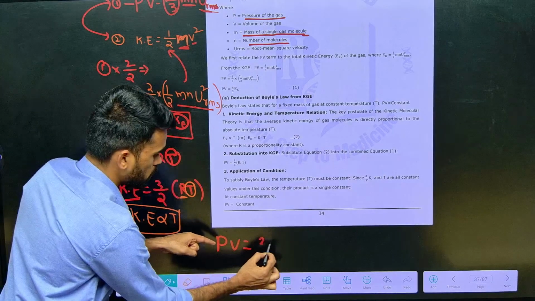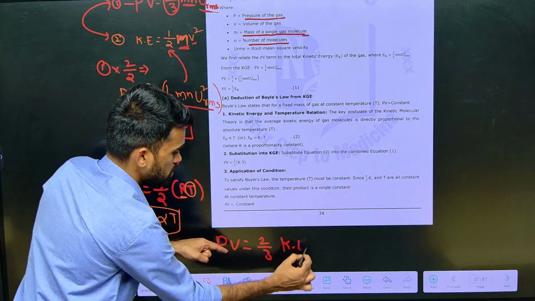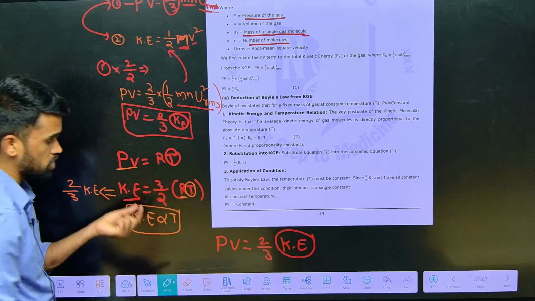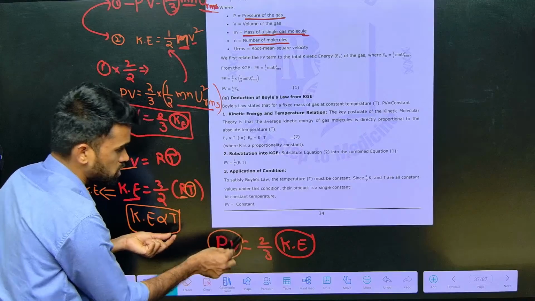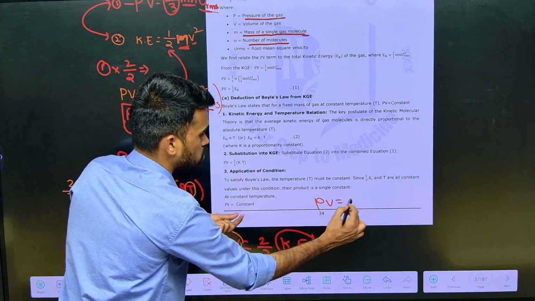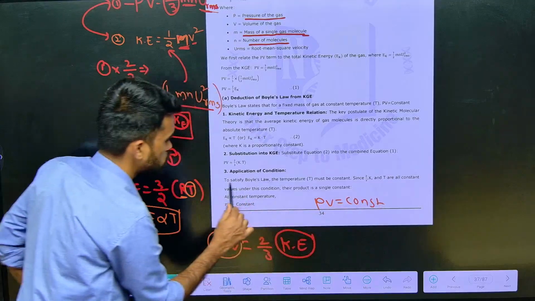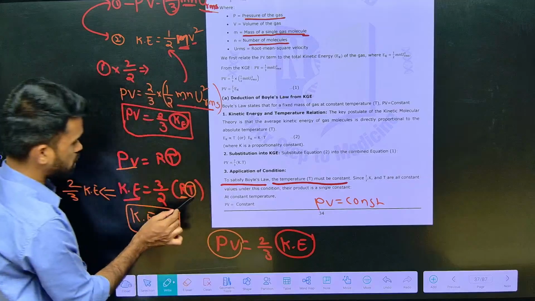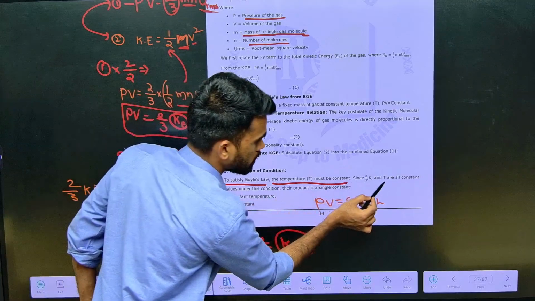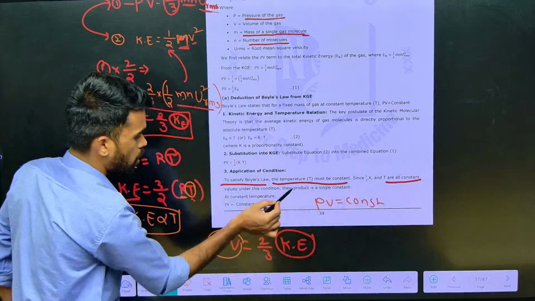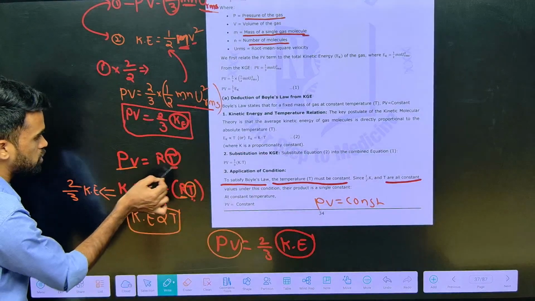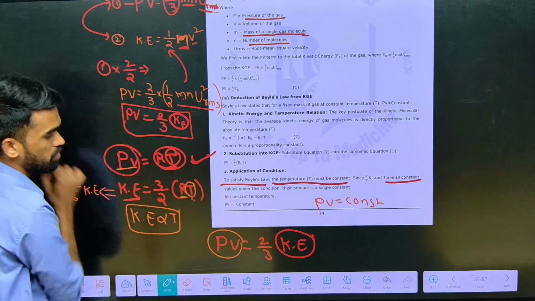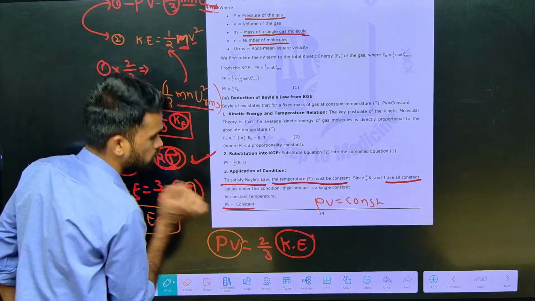If temperature is constant, kinetic energy is also constant, so PV is also constant. So PV equals constant. To satisfy Boyle's law the temperature must be constant. If temperature is constant, all the terms on the right hand side are constant, then PV equals a constant.